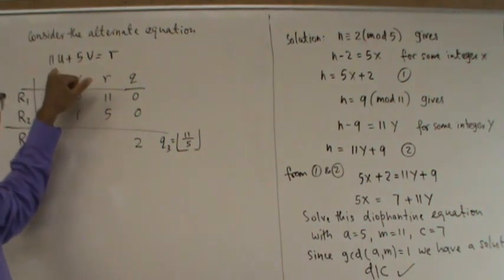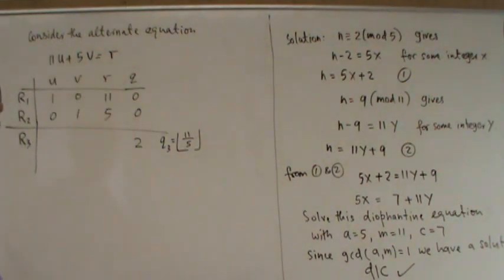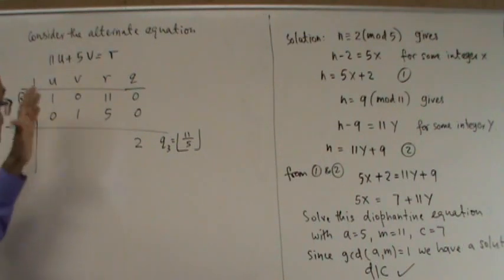So 11u plus 5v equals r. That's what I'm going to solve. The first rows are easy. You can see row 1, row 2.